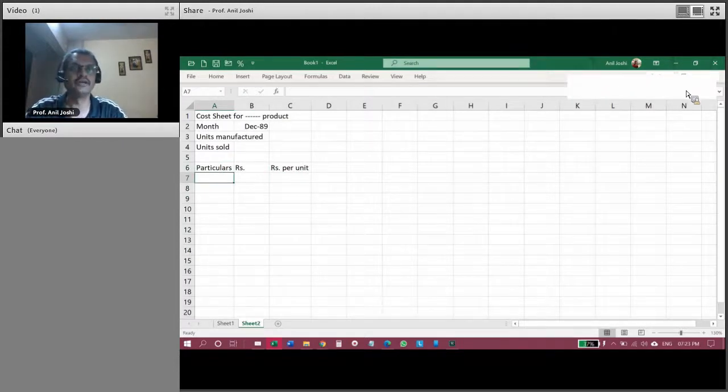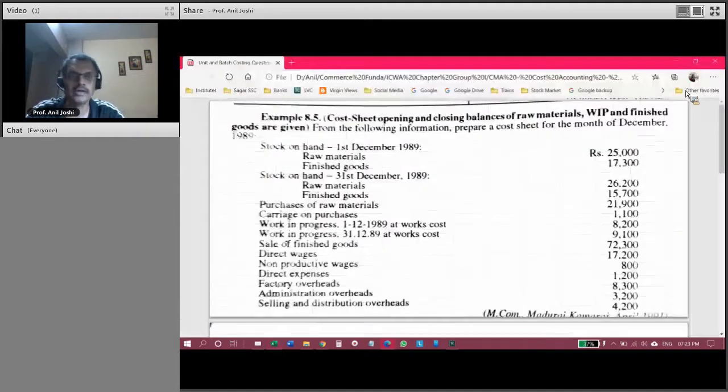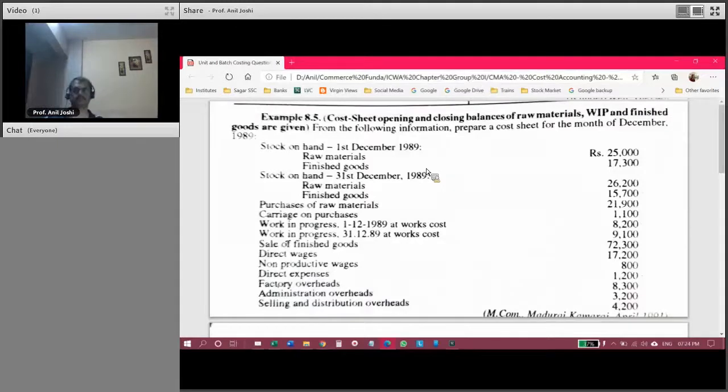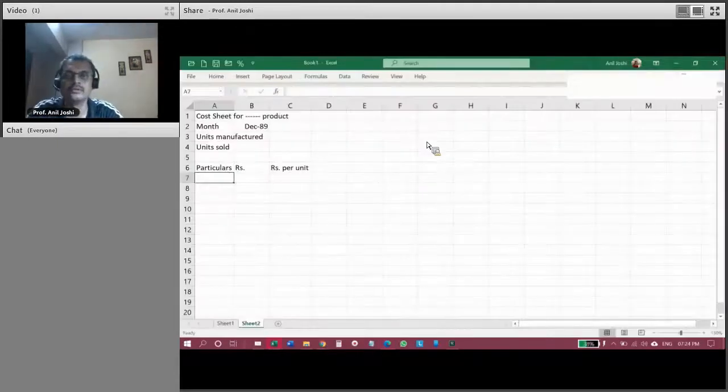Now in cost sheet, as you know, we always start with the direct cost or the prime cost. Your direct cost includes your direct material, direct labor and direct expenses. In direct material, what we are supposed to take is the material consumed. And what is the formula for material consumed?